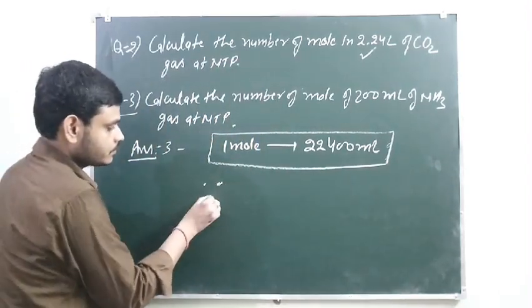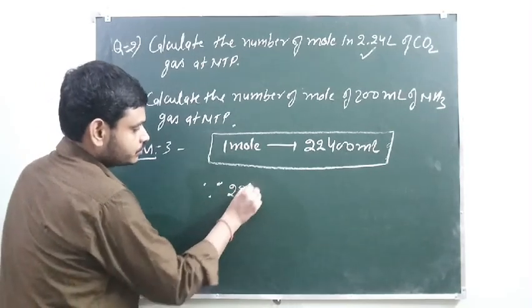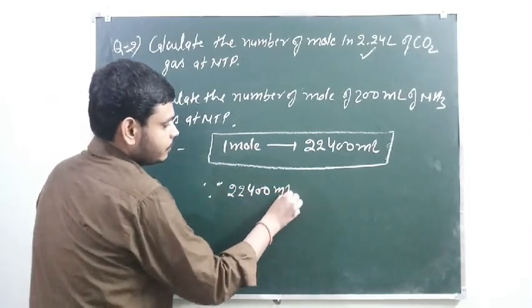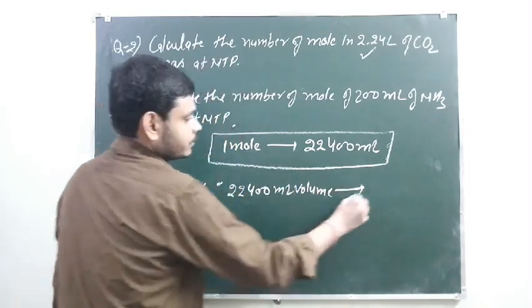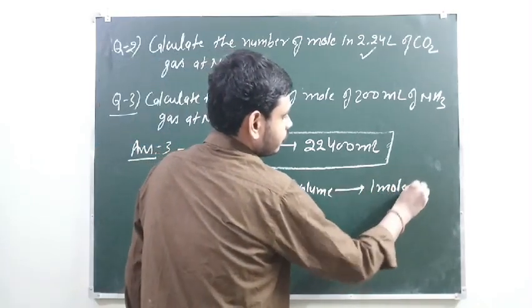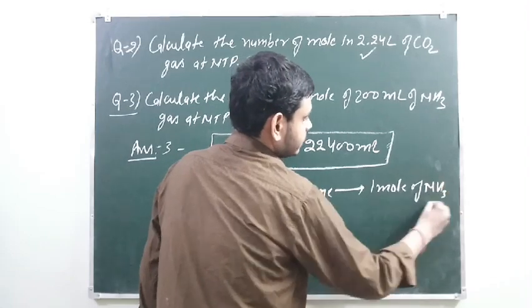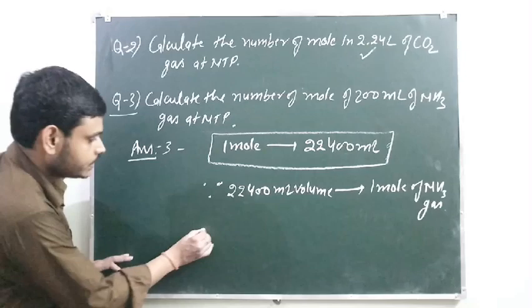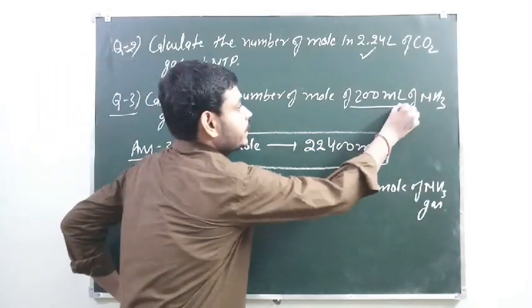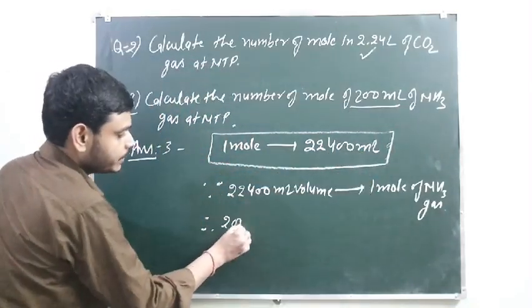Since 22,400 ml volume is occupied by 1 mole of NH3 gas, clear?